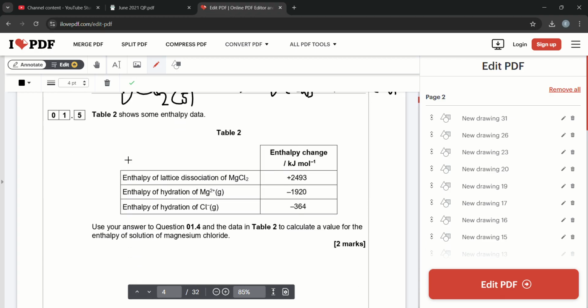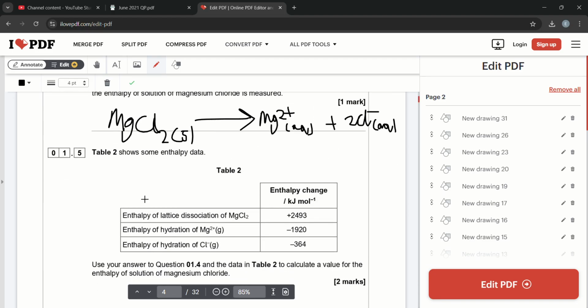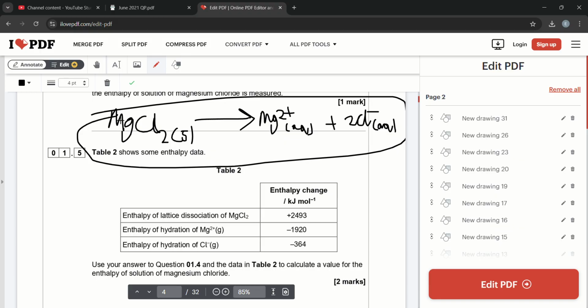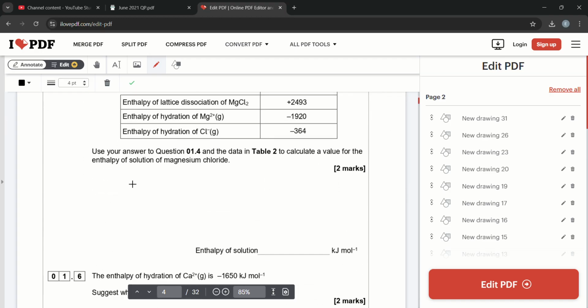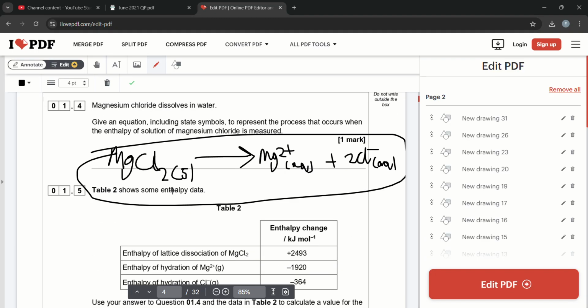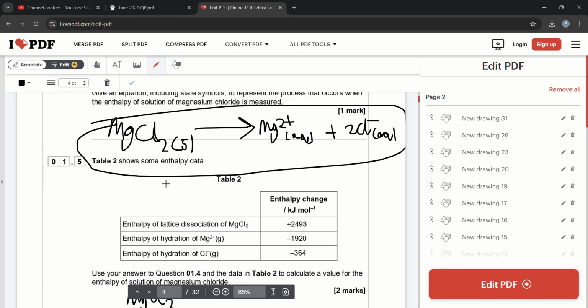But if you want to get the A's and A stars, you should probably learn everything in the spec. The 1.5 says table 2 shows some enthalpy data. Calculate value for enthalpy of solution of magnesium chloride. So we've already got the equation here, and the data in table 2.